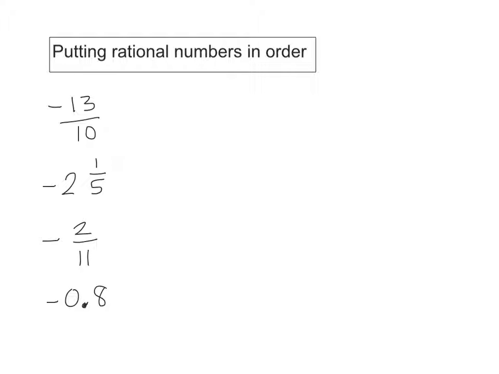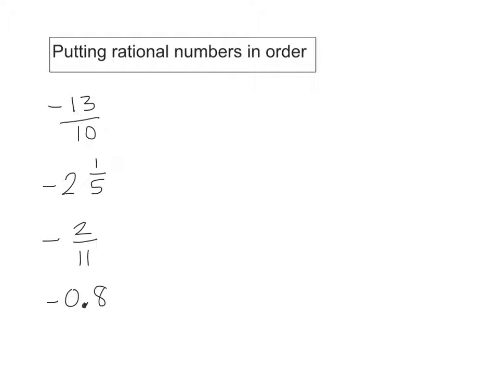To put rational numbers in order, you either need to put the numbers in a common form, like all fractions with a common denominator, or into decimal form, which is my preferred method. I think it's just easier and we can compare.